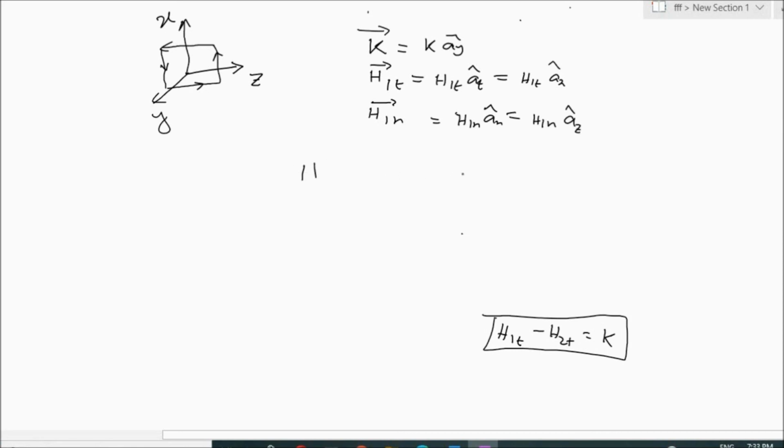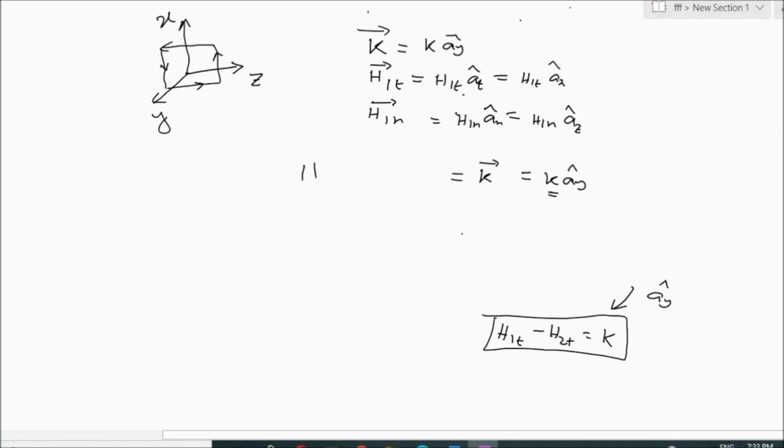Now I want to write the expression for K with a vector sign. So I write K as a vector, meaning K is in the direction of ay, so you have to put K ay. I need to introduce ay on the right hand side, so you have to multiply the entire equation by ay.